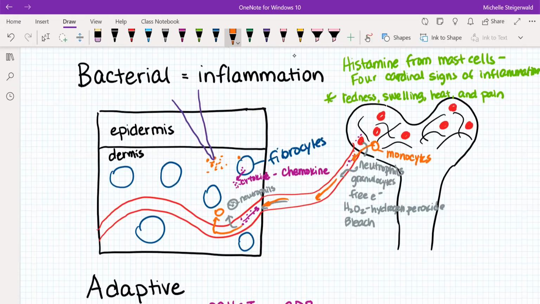Once this monocyte gets out here, it can turn into Pac-Man. Okay, so this is going to mature into a macrophage. And I shouldn't have made that orange because I made my bacteria orange. Oh well. So this is going to pick up all of that debris, including potentially pieces of the bacteria that got blown up in this whole process.